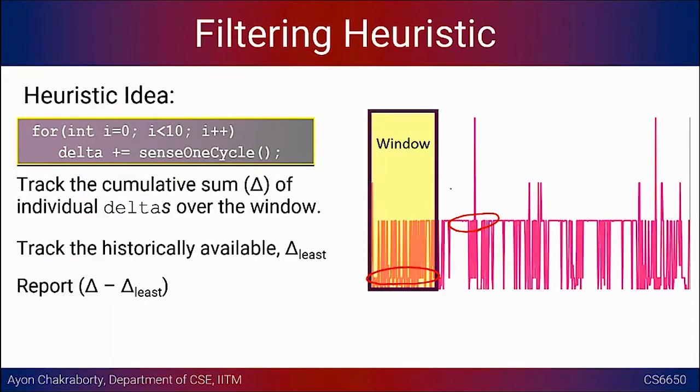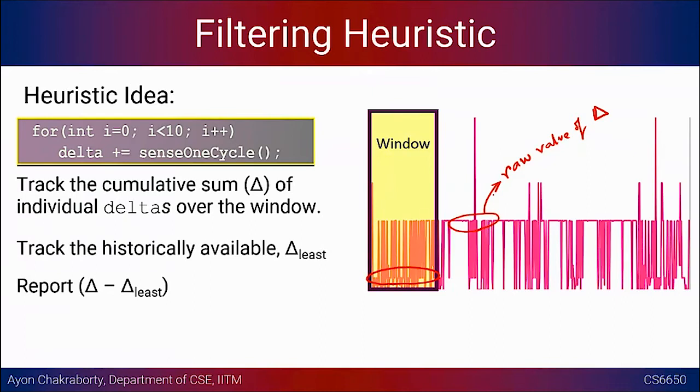Instead of reporting the raw value of delta, because this is a function of, as I told you earlier, the object that is touching or the particular context in a particular scenario, what is the circuit and so on, instead of depending on the raw value of delta we are trying to self-calibrate the system.